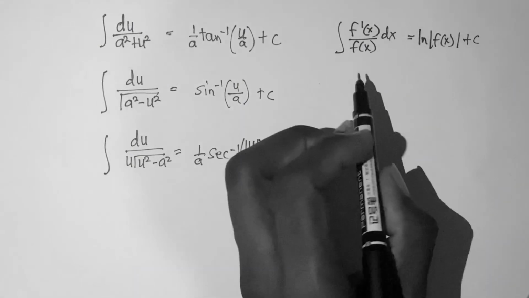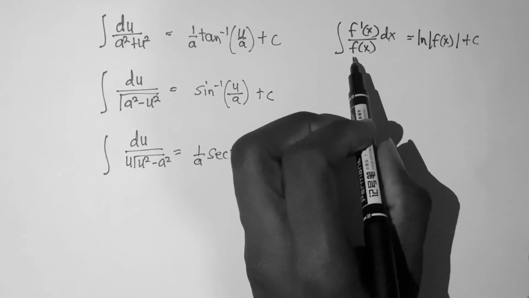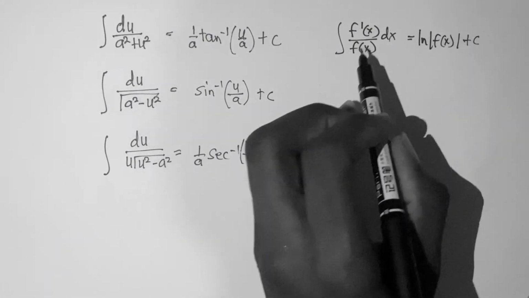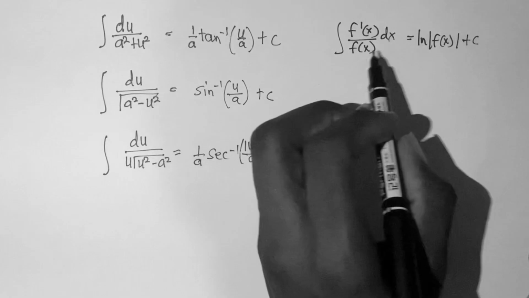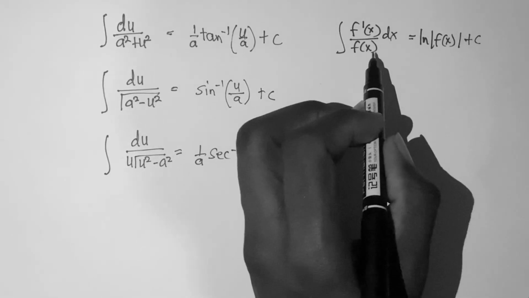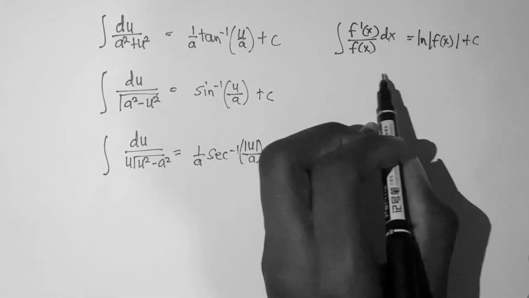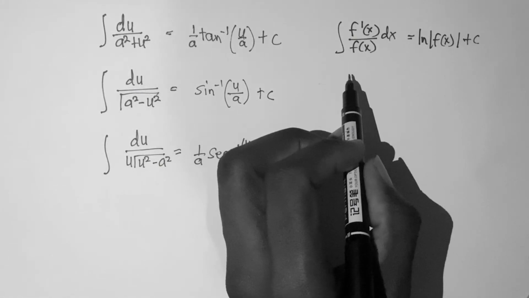However, there are some cases where when you differentiate, you are not going to get exactly the numerator, but you are going to get some constant times the numerator, which is different from the derivative of the denominator. So in those kinds of cases, what do we do?